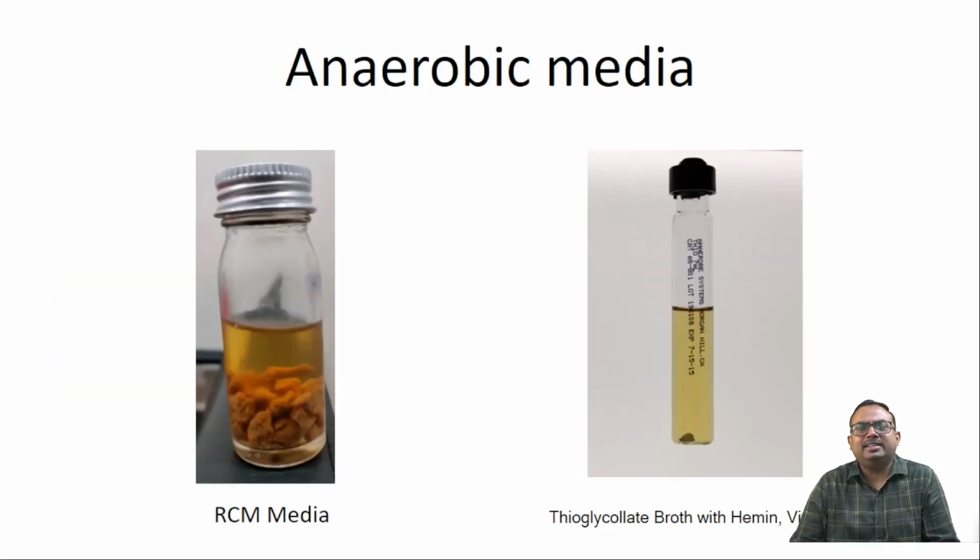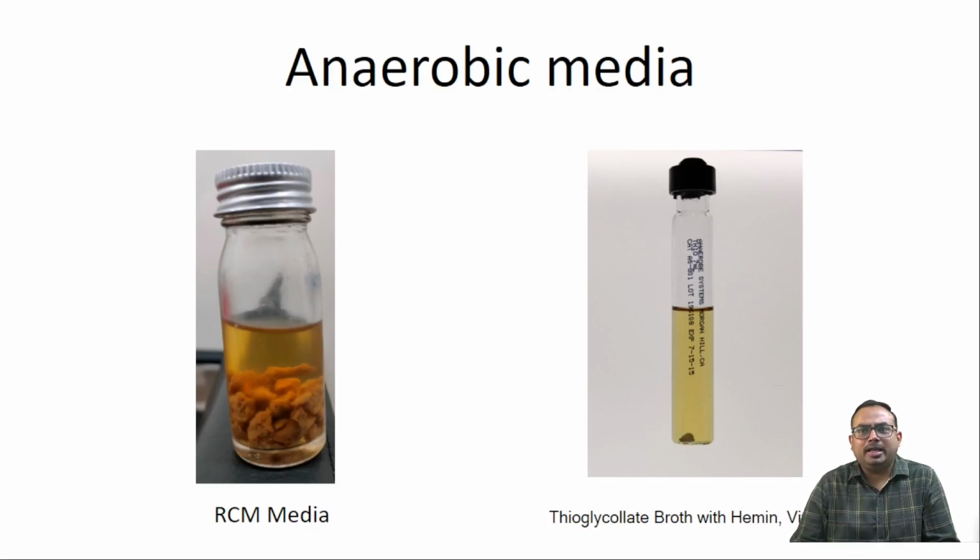Now regarding the anaerobic culture media, as I have discussed, anaerobic culture media are those media that allow the growth of anaerobic microorganisms. Here, the example on the left is RCM, which stands for Robertson cooked meat media. This media has beef heart, which is rich in glutathione.